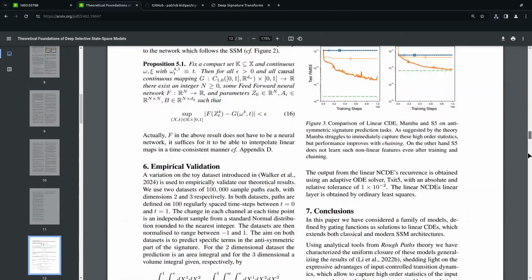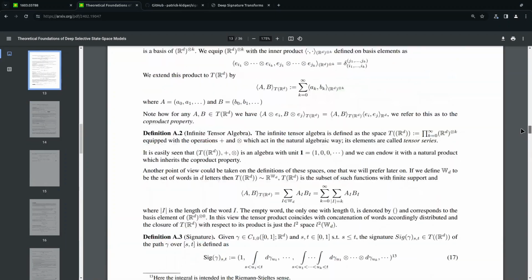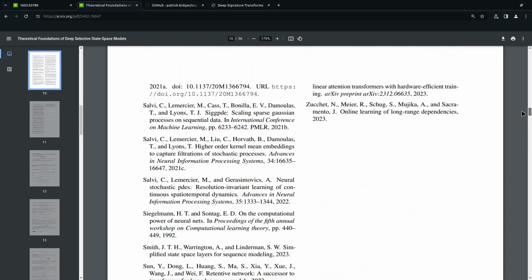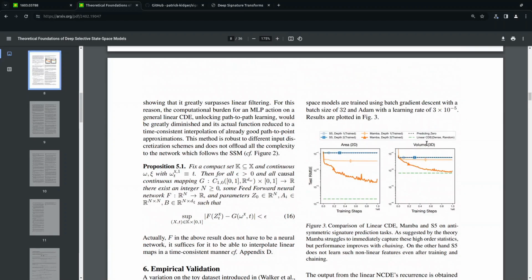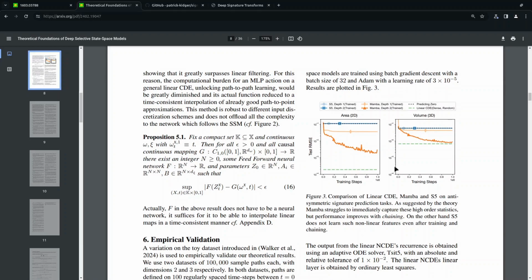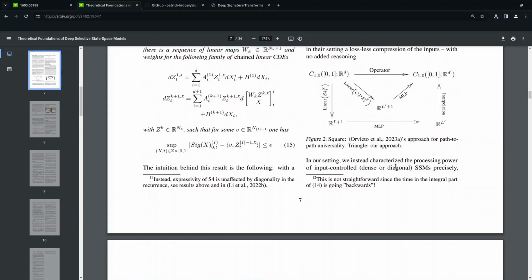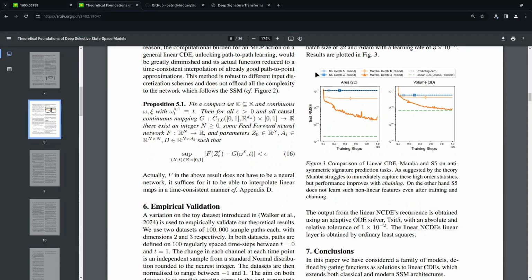Yeah, I don't know. I think we can look at it, if I can find it. It's above. Yeah, so there we go. For example, this is an experiment they showed comparing S5, with one or two chains of S5, the same thing for Mamba, and then their random linear CDE. You can see that S5 does not do great here.